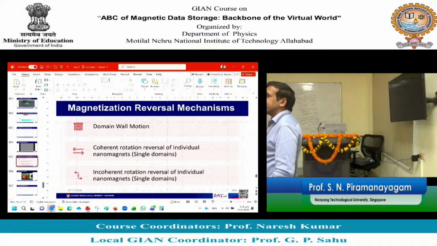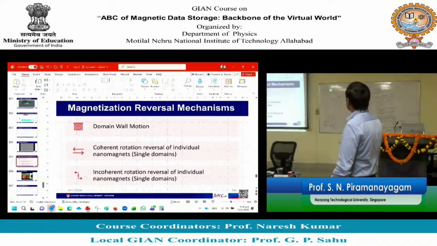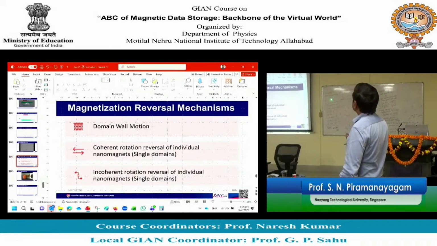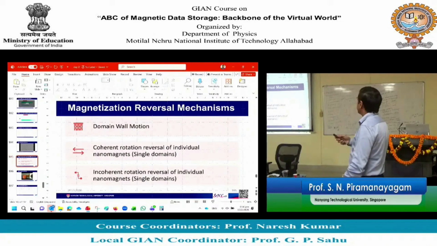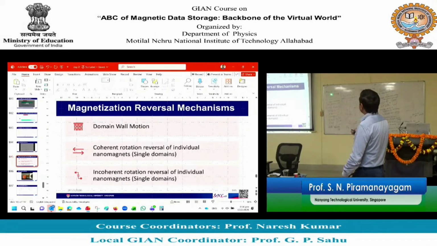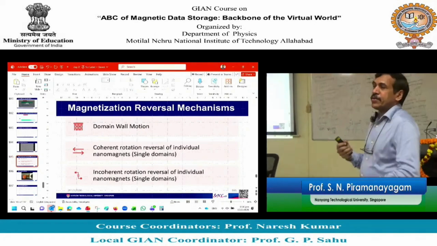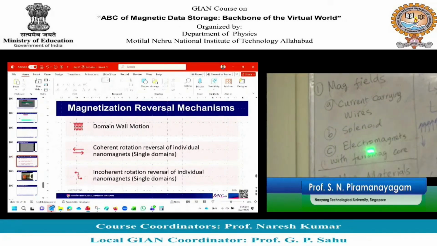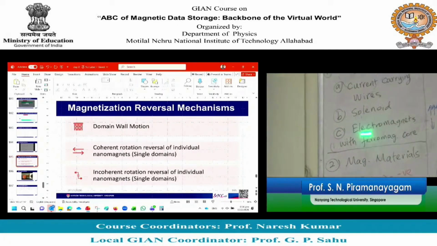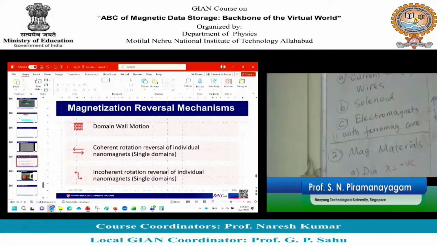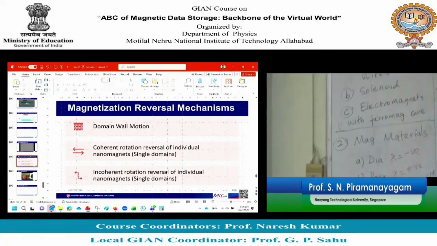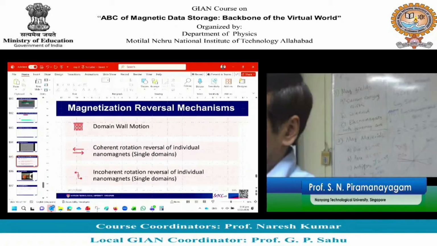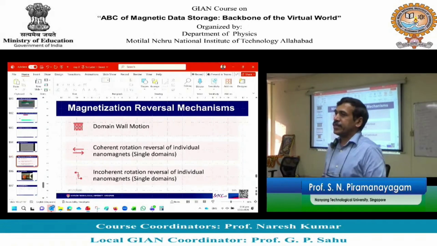One is by sending current through wires, this is what Oersted found out. Then we can create a solenoid, and use the solenoid to create magnetic field. Then we can also use electromagnets, where you insert a ferromagnetic core inside the solenoid, which enhances the magnetic field by an amount related to the relative permeability.